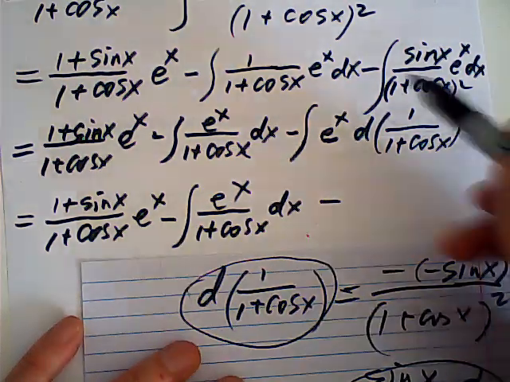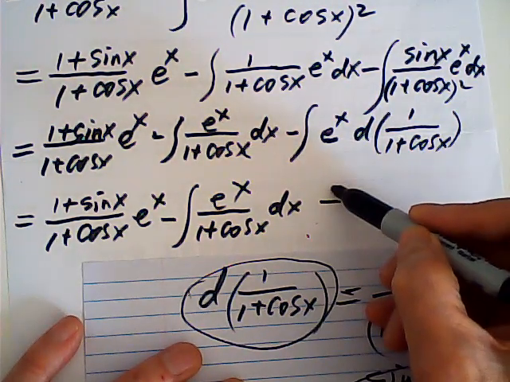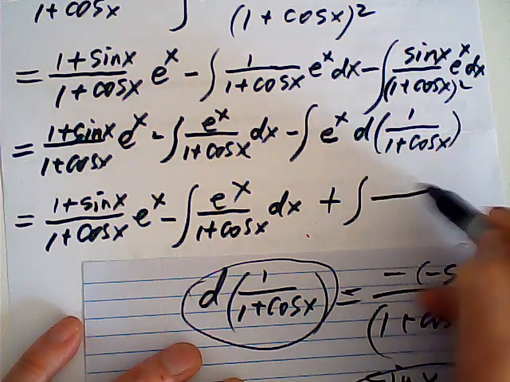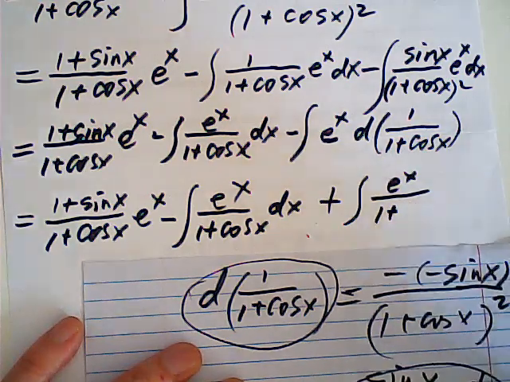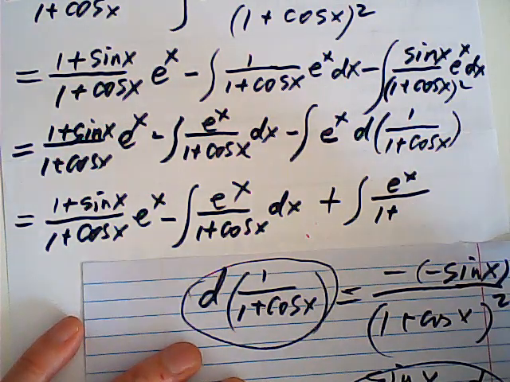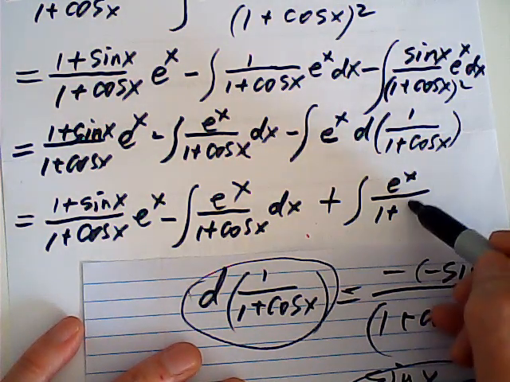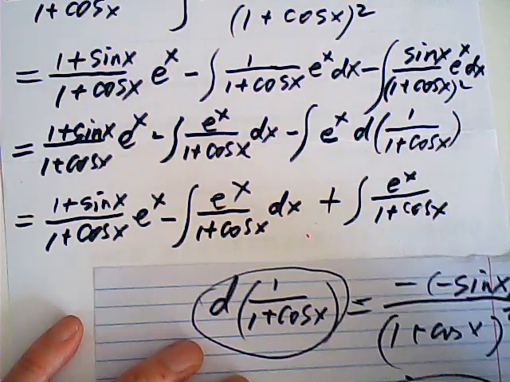This has become positive, e to the x over 1 plus cosine x.